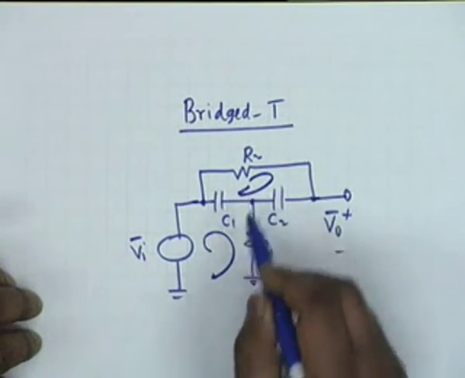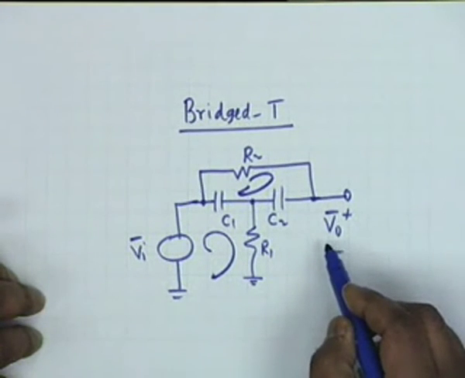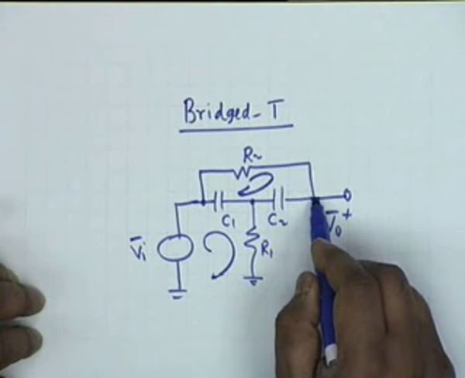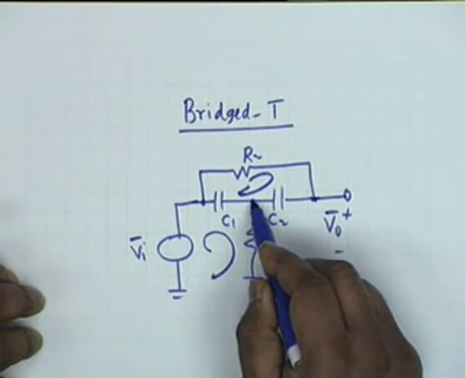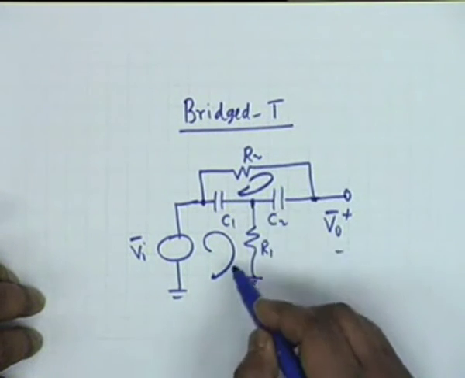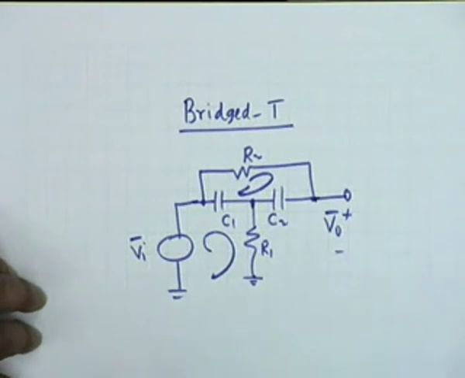One is this and the other is this. This is not a loop. Isn't that right? If I know both these currents, then of course I shall know the voltage. This voltage would be drop across C2 plus drop across R1. This current is I2 and this current is I1.